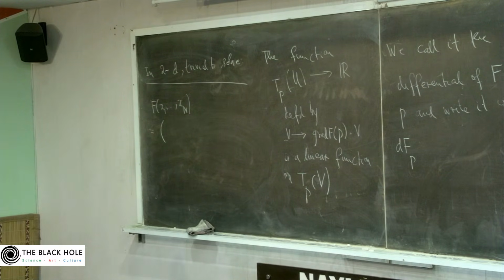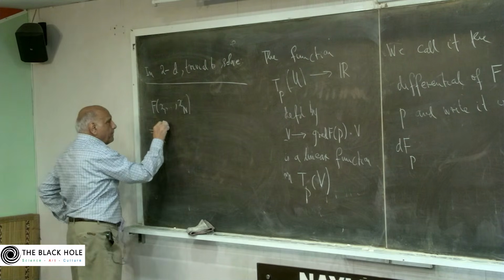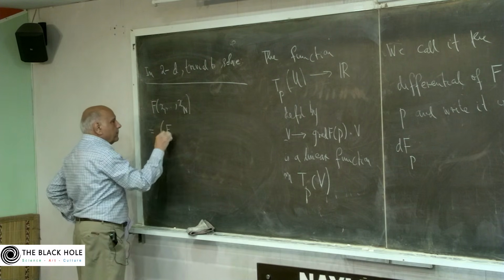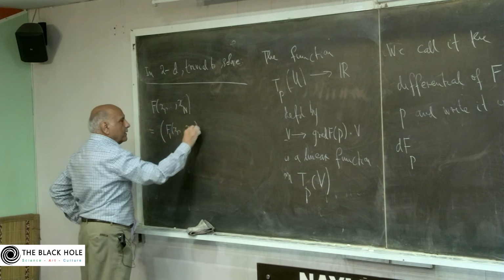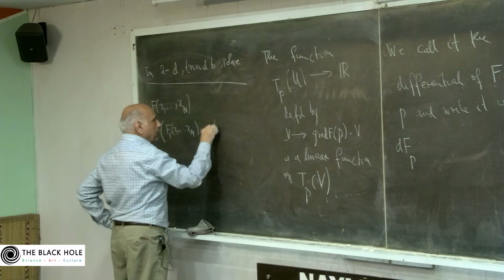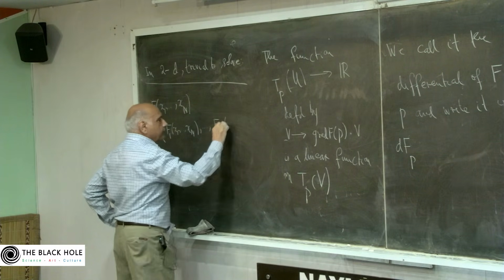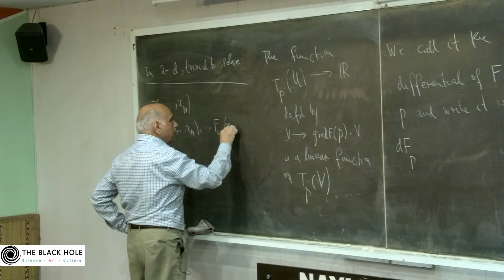Let's give them some names: f1, and then fm, of x1 up to xn.